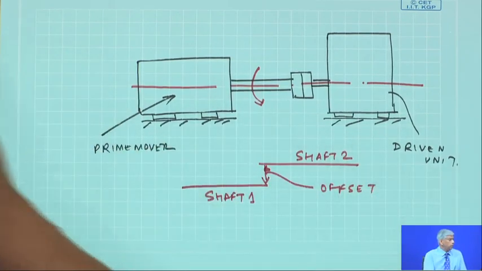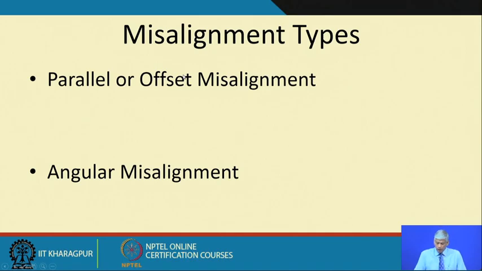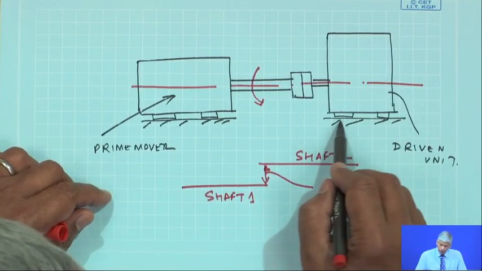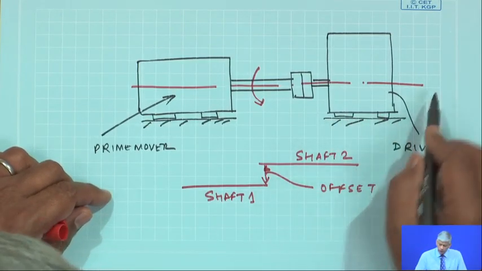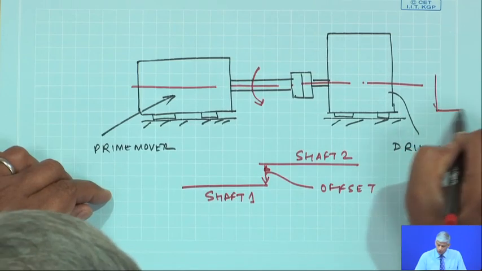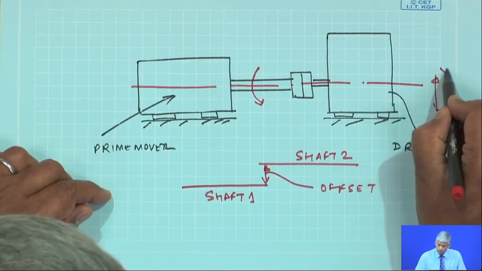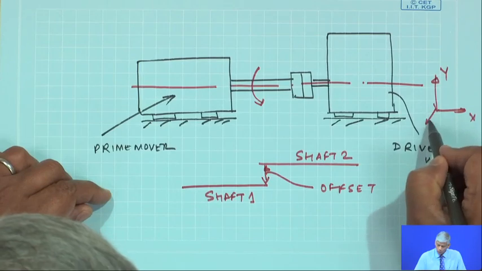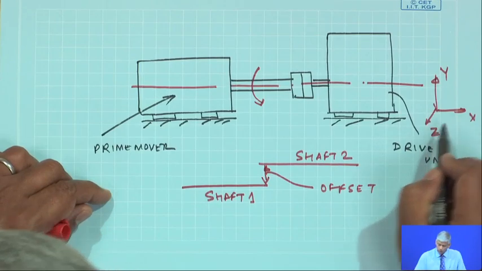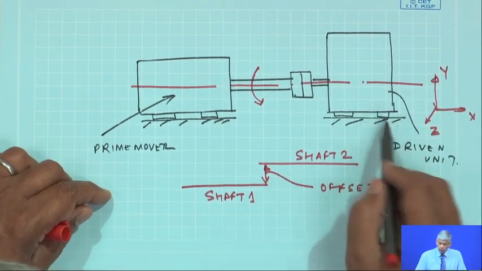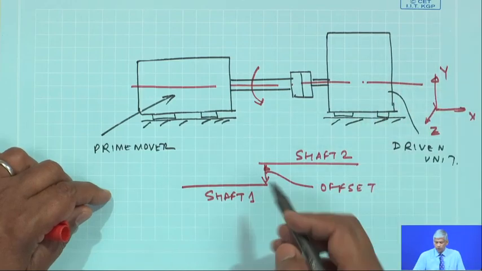This is what I mean by a parallel misalignment. Why did this happen? Maybe this was at a different position along this direction, so along the y direction perhaps this was shifted, or along the z direction, and so on.